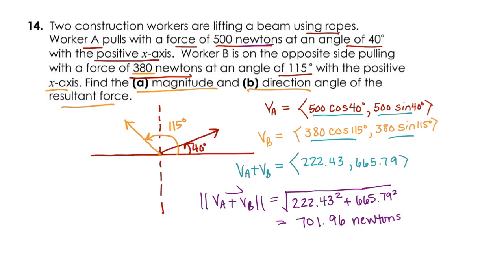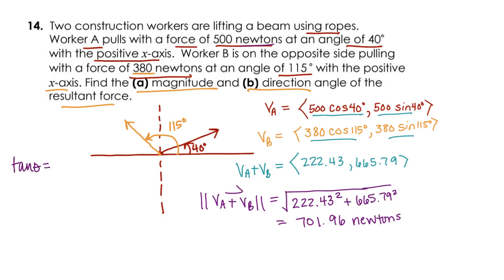Okay, now we need to go find our direction angle. And so very similar, we're going to use that component form. And so looking at our angle, we're going to have tangent of theta is going to be equal to, and we're going to do our opposite over adjacent.